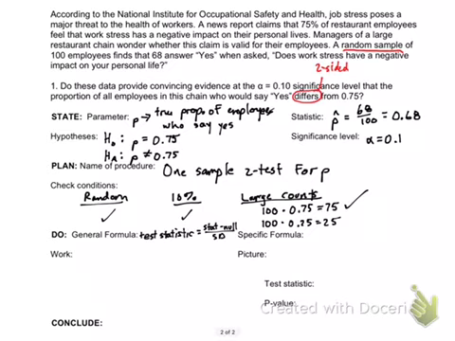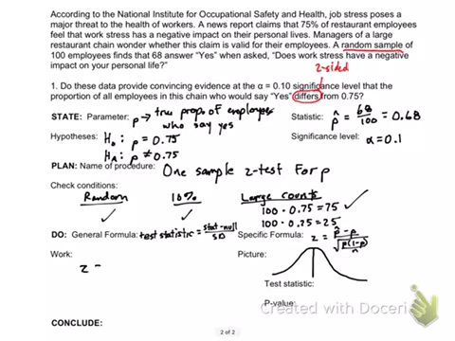And our specific formula here was that z equals p hat minus p, all over the square root of p times 1 minus p divided by n. The picture, well, I'm just going to get started. We don't have the numbers yet to fill this in, so let's do the work and then we can fill in the picture. All right.